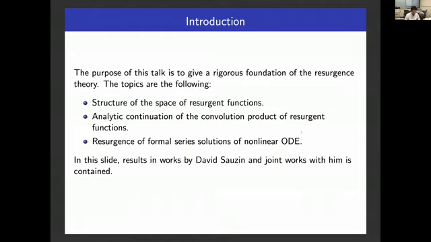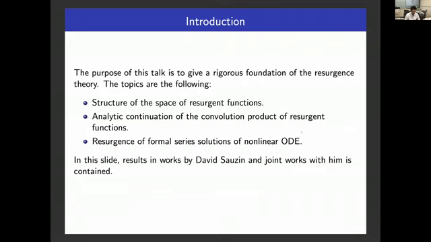The next one is analytic continuation of the convolution product of resurgent functions. Nonlinear problems frequently appear in resurgent analysis, and of course the product of formal series is translated to the convolution product by the Borel transform. So analysis of the convolution product is very important in resurgent analysis.